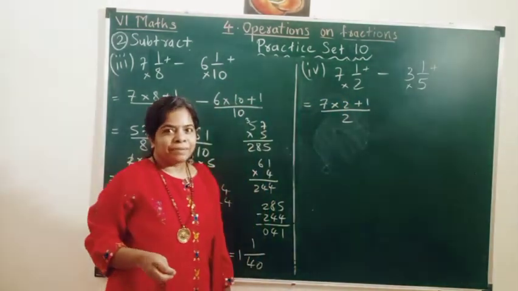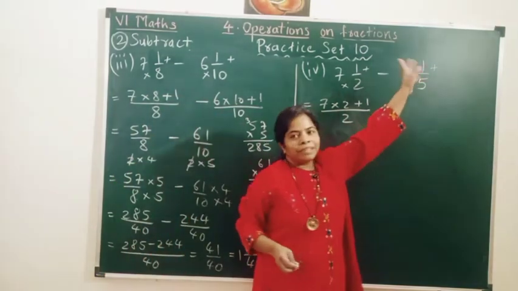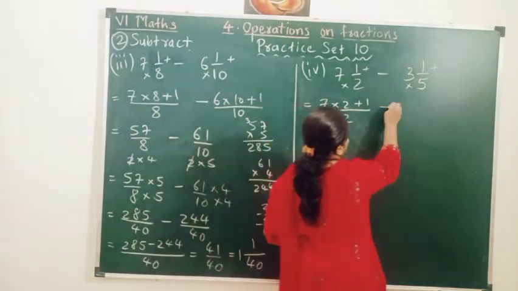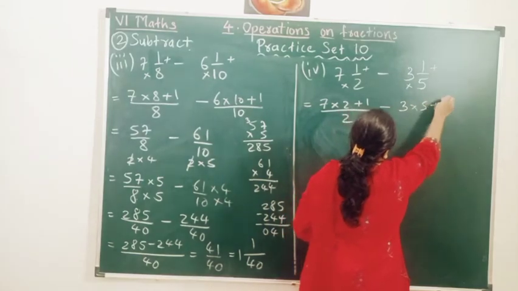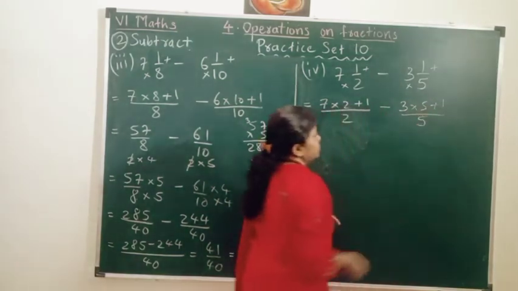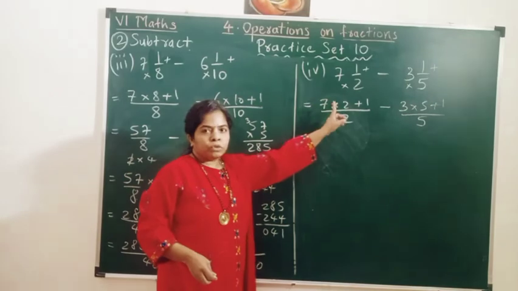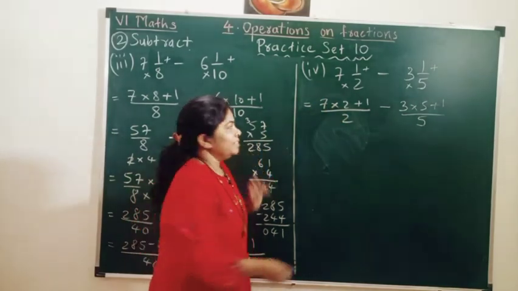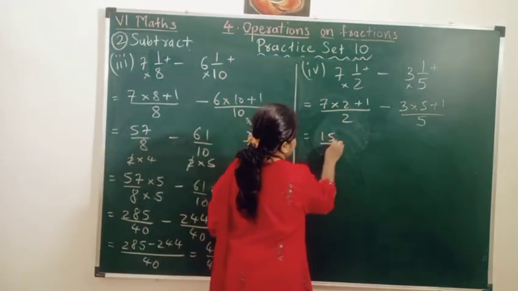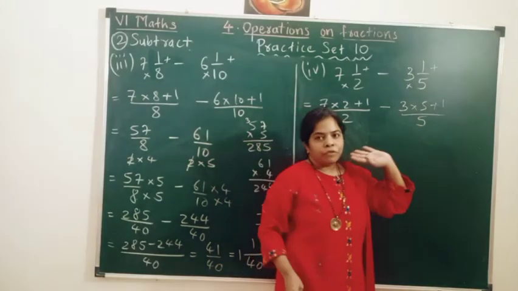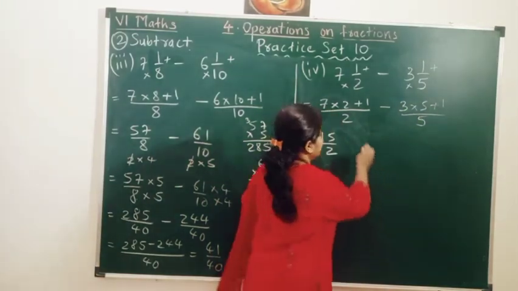Denominator remains the same. 3 into 5 plus 1. 7 2s are 14 plus 1, 15. 3 5s are 15 plus 1, 16.